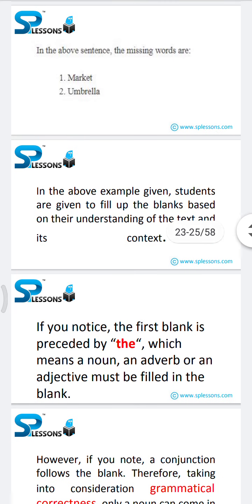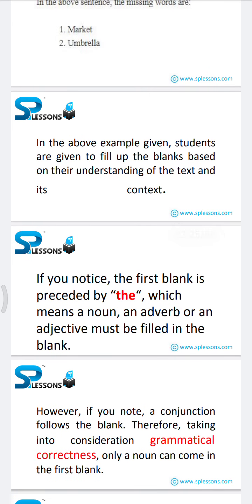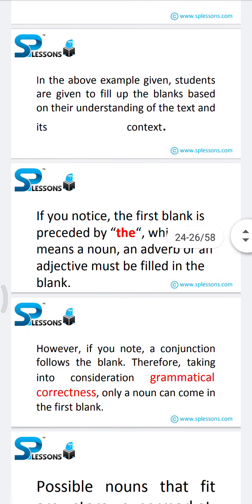If you observe the example very clearly, the first blank is preceded by 'the', which means a noun, an adjective or an adverb must fill the blank. Candidates need at least an awareness of these noun, adverb and adjective skills. However, a conjunction follows the blank. Therefore, taking grammatical correctness into consideration, only a noun can come in the first blank.